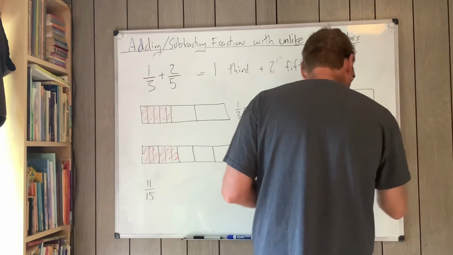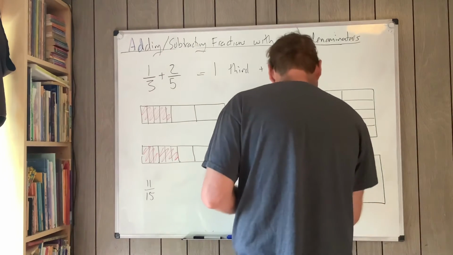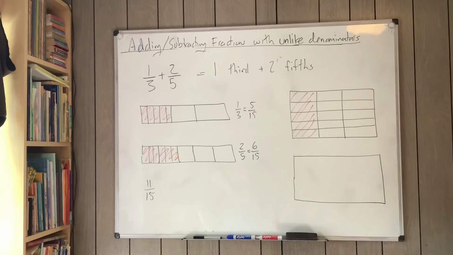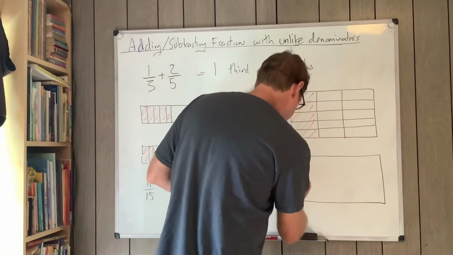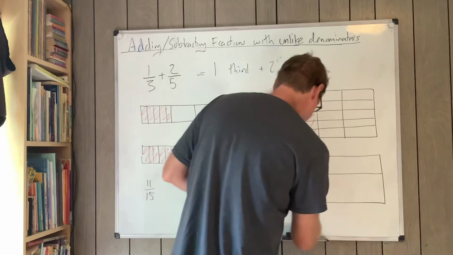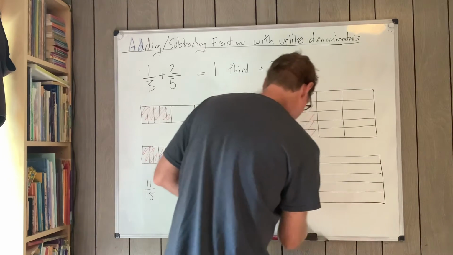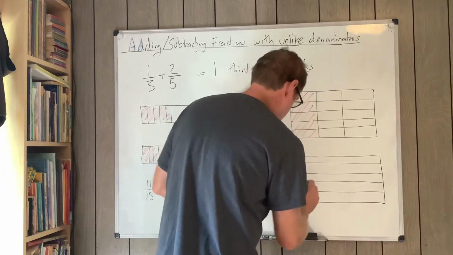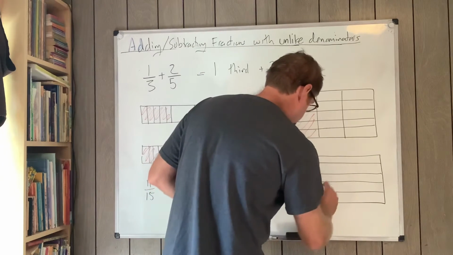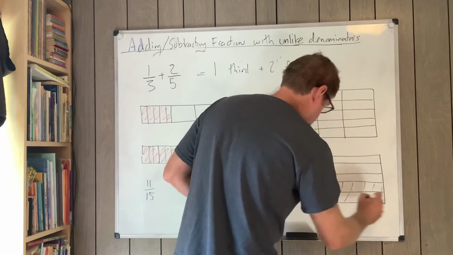And then if I'm doing the other one, this is very important. I want to make the box look exactly the same. So I'm going to cut this guy, first of all, into fifths. And I'm doing 2/5, so maybe I'll do the bottom 2/5. Doesn't really matter.